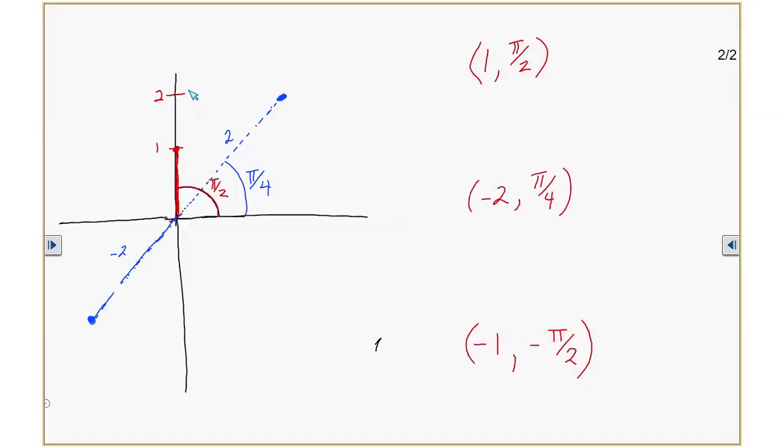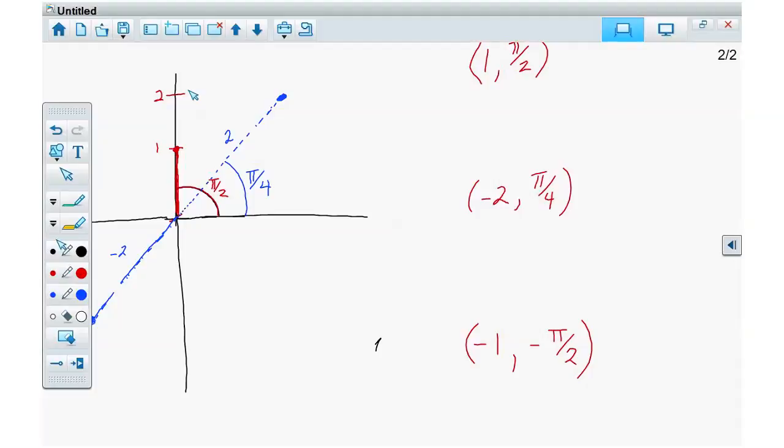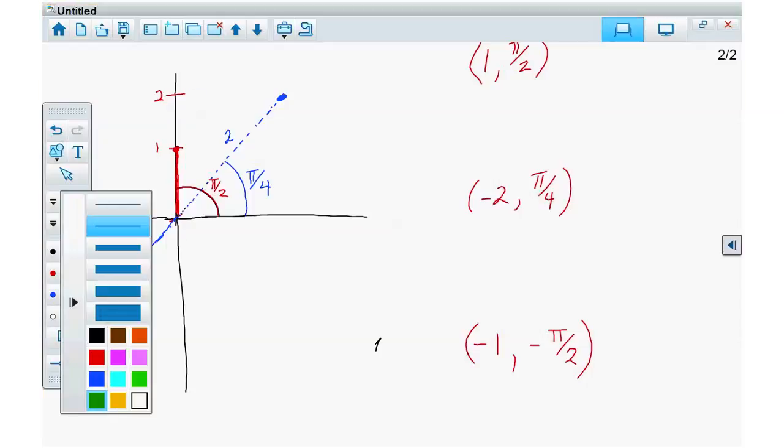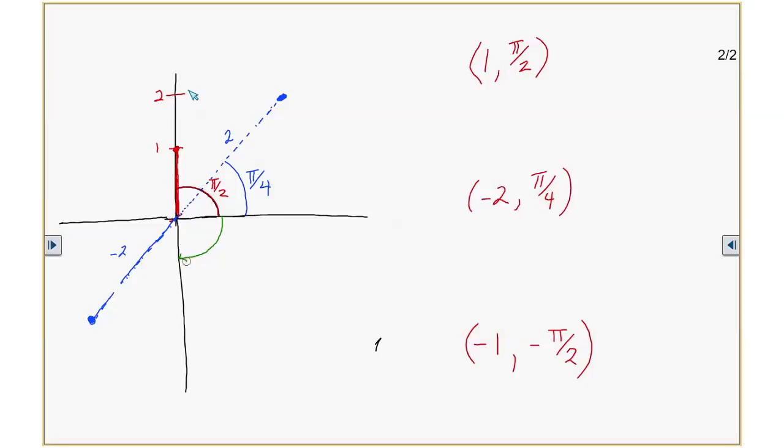Well, what is -pi over 2? What is -pi over 2? That's this way. So I'm going to do another color. I'm going to do a green color. And -pi over 2 is this way.